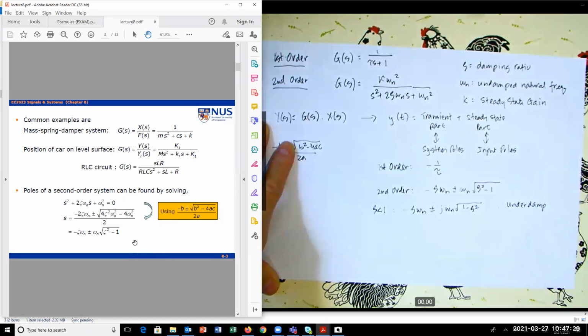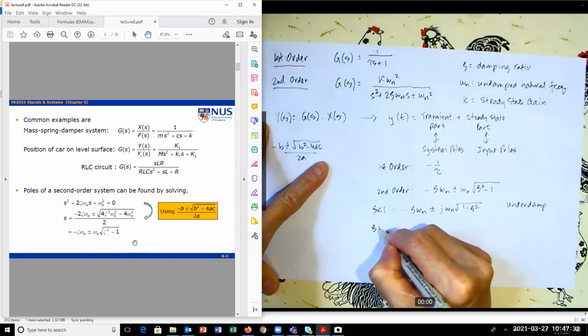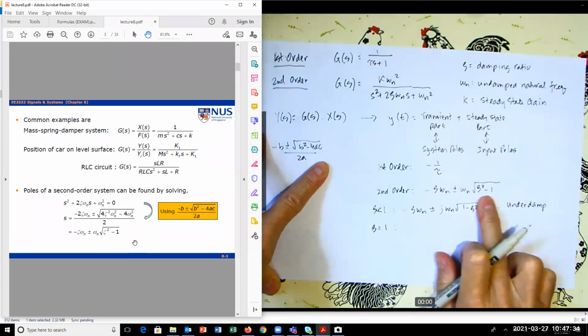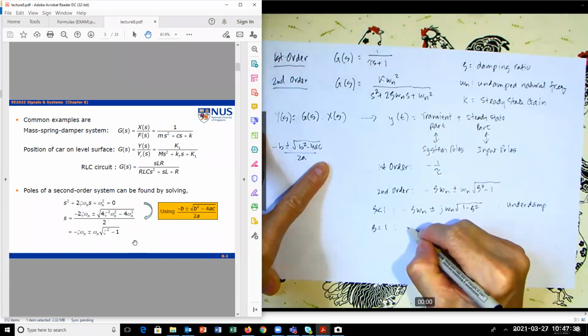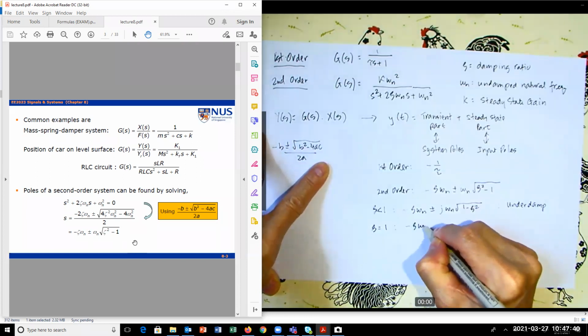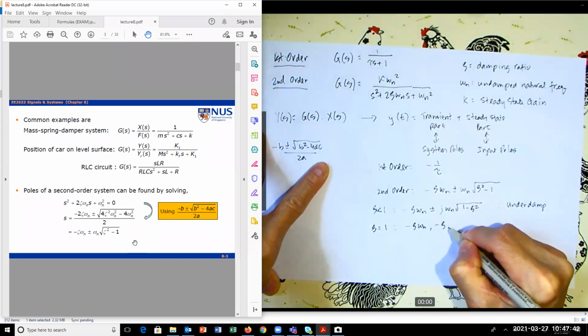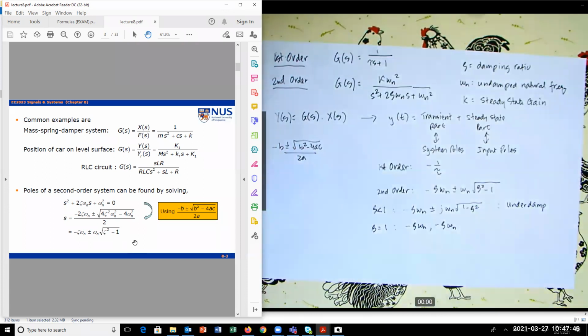Okay, now when zeta is equal to 1, this becomes 0. The square root becomes 0. All right, and then your poles will be repeated poles, because don't forget there are 2 poles there. Repeated negative real numbers.